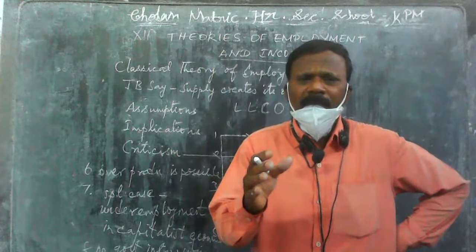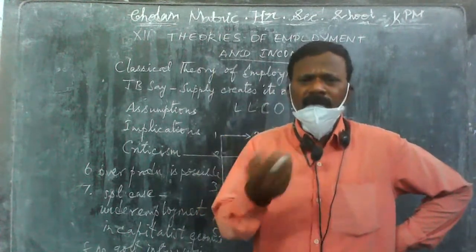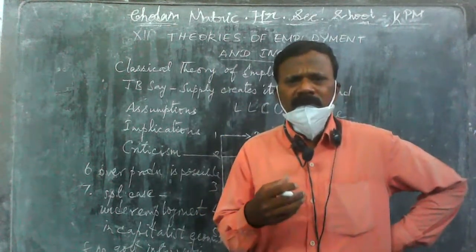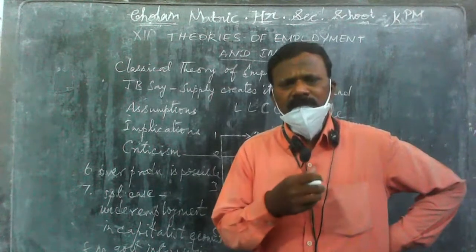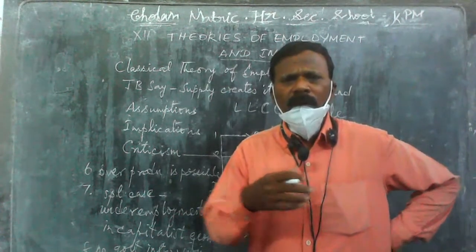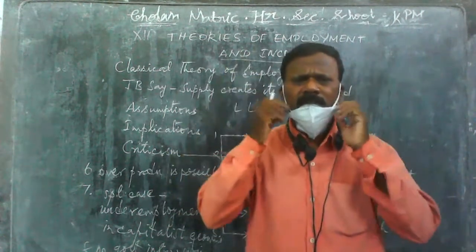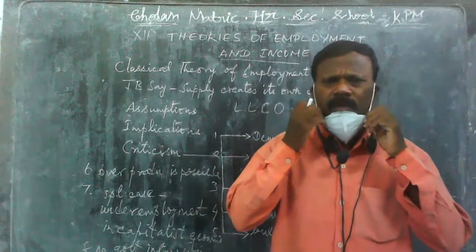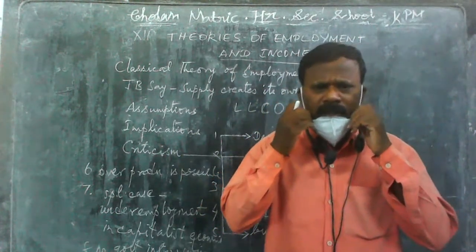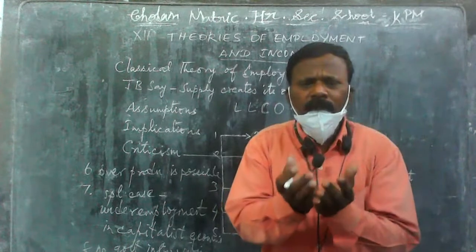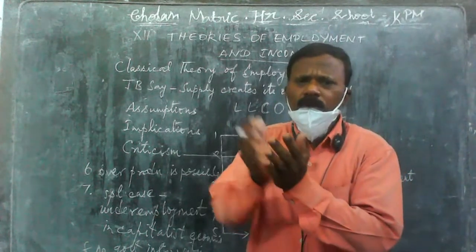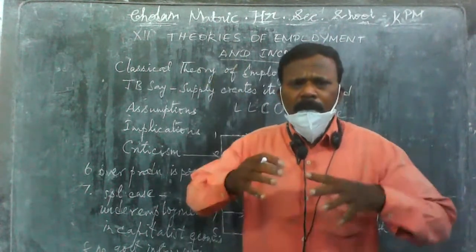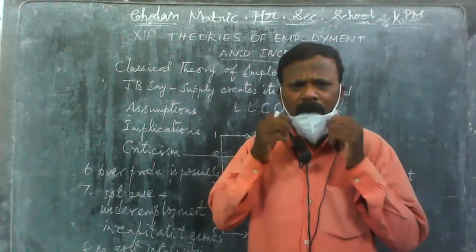This is beyond our limitation, or we have excess production. Do you think that when the production of a commodity goes on increasing, the people will try to increase their demand?